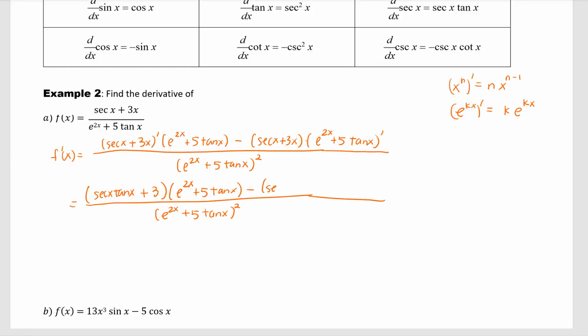The derivative of e to the 2x is 2e to the 2x. The derivative of tangent is what? Secant squared. See? Now we have taken the derivative of all the terms. There's no prime left. Then we're done. Don't need to simplify it. It's okay to leave your answer like this, as long as you don't see the prime anymore. Okay? Let's continue.